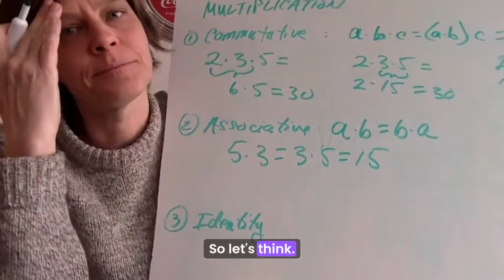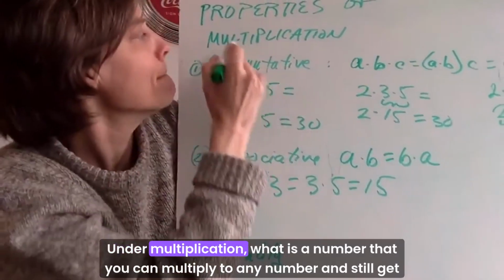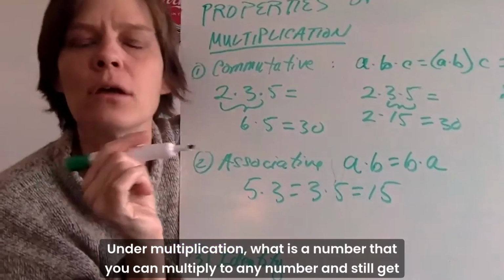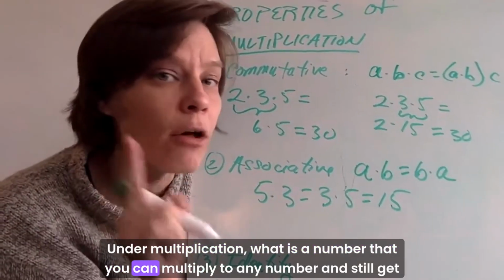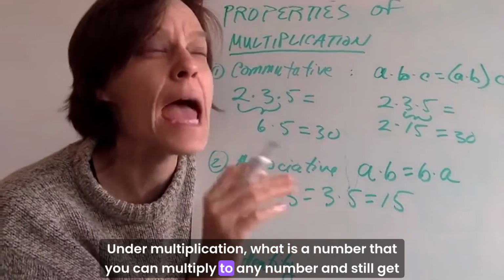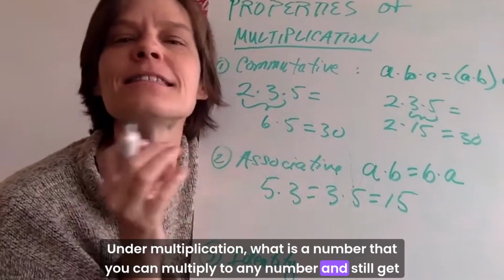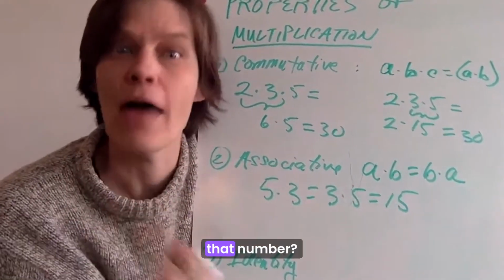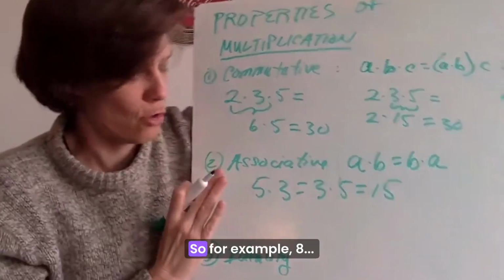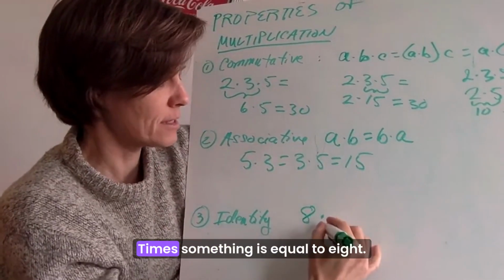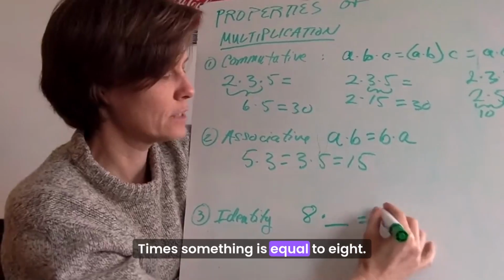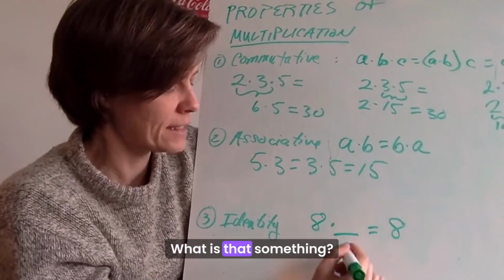So let's think. Under multiplication, what is a number that you can multiply by any number and still get that number? So, for example, 8 times something is equal to 8. What is that something?